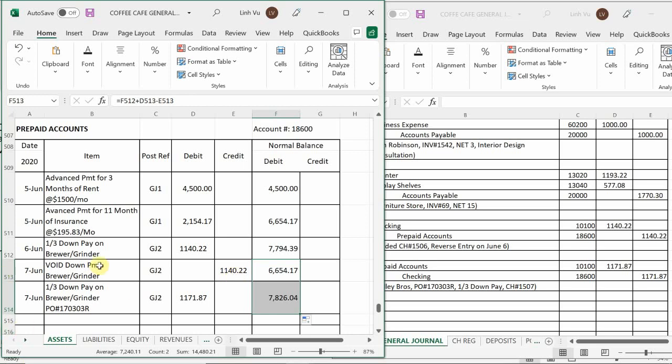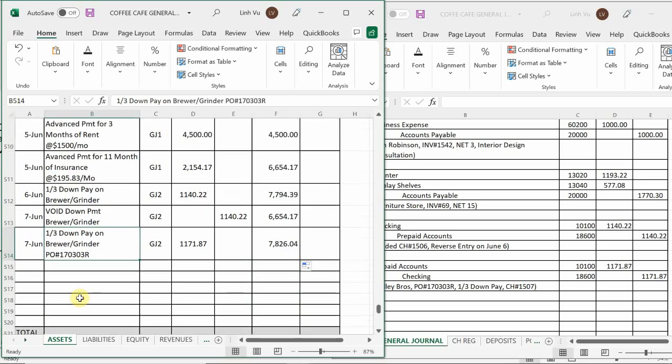Yes. You should 100% do that. That way you have a track record that, okay, yes, you paid them, but then you ended voiding that, and now you reissued a new one for the correct amount. Yeah, I didn't realize it was on the credit side right there. Yeah. No worries.